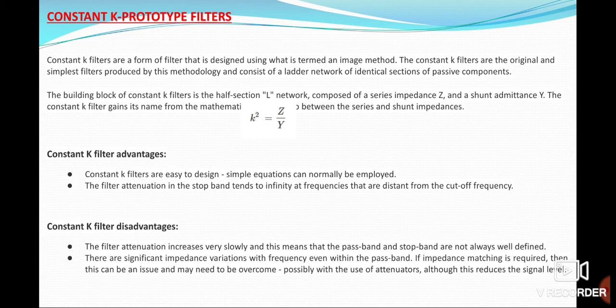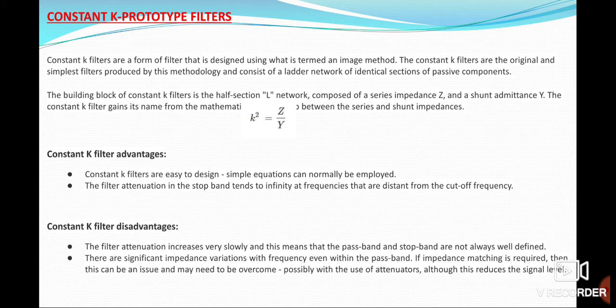So, the constant K filters also have the following advantages and disadvantages. The constant K filters are easy to design, simple equations are basically employed, and the filter attenuation in the stop band tends to infinity at frequencies that are distant from the cutoff frequency. The following are the disadvantages.